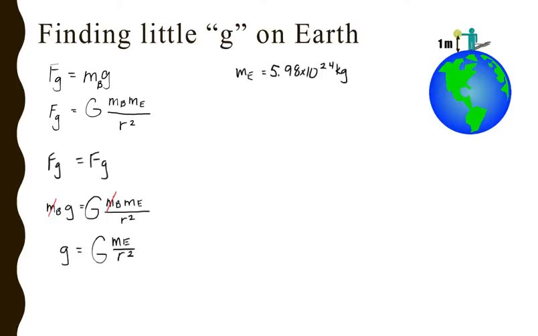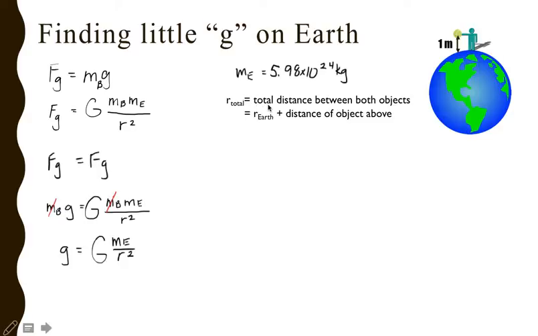So the mass of the Earth is 5.98 times 10 to the 24th kilograms. And our total r is going to be the total distance between the two objects from their centers of mass. So we need the radius of Earth and the distance of the object above. The radius of Earth is 6.38 times 10 to the 6 meters, and the distance of the object above is 1 meter.